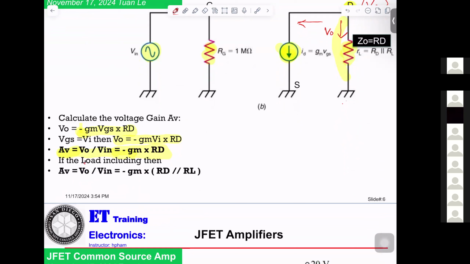If the load is included, then the gain will be equal to minus Gm times RD parallel RL. So that covers everything for the common source amplifier. Any questions?